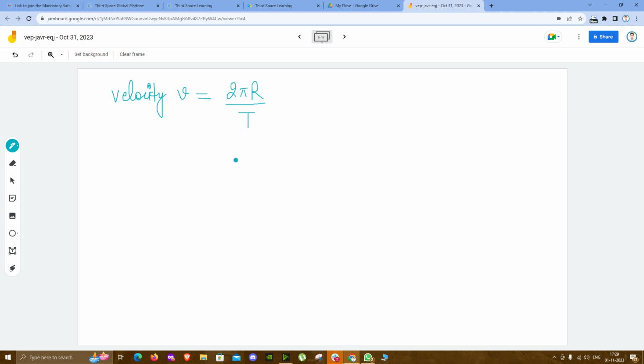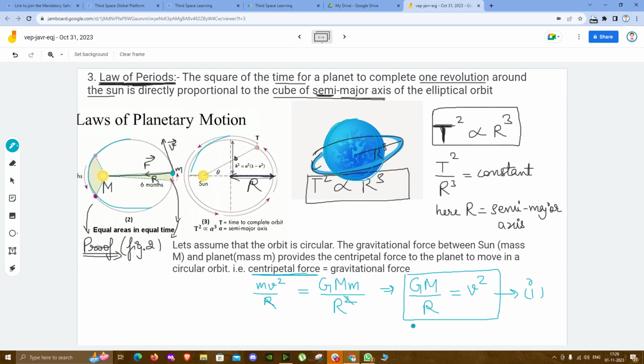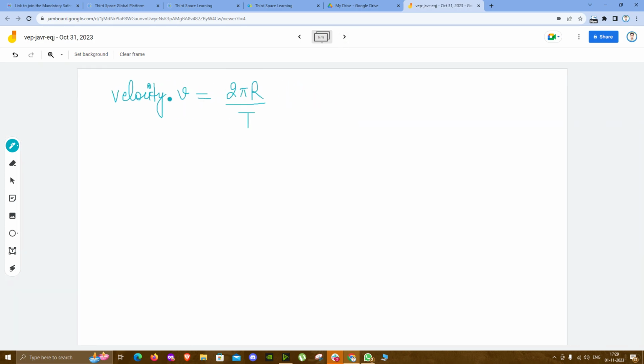Now substitute the value in equation 1. This was equation 1. You can put the value of v here. So GM over r will be equal to 4 pi square r square by T square. We have to square it because it was v square.